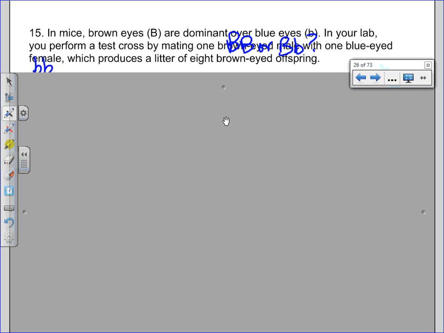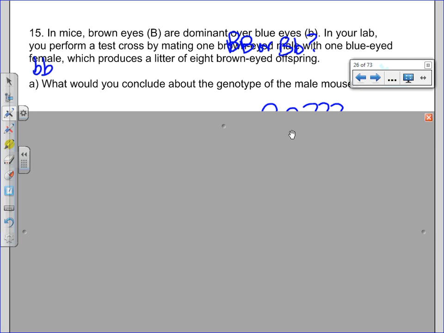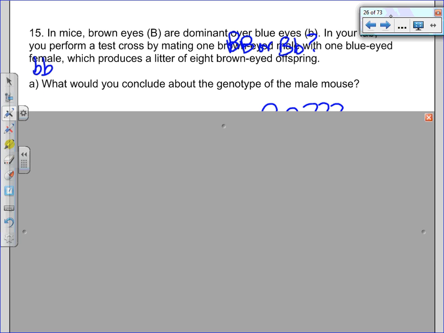And you're mating him with a female that's recessive for both, so the female is little b, little b. So you're really performing a test cross to find out whether that male is big B, big B, or big B, little b. They end up with a litter of 8 brown-eyed offspring. So, what would you conclude about the genotype of the male mouse?